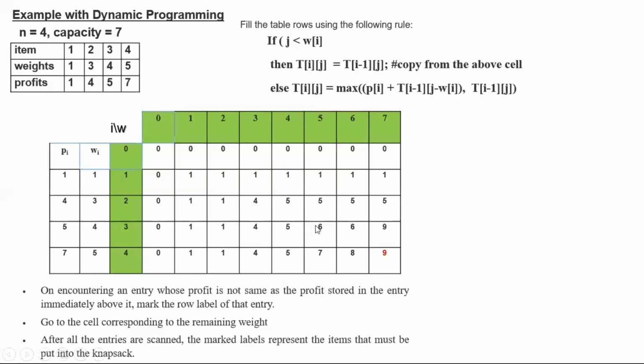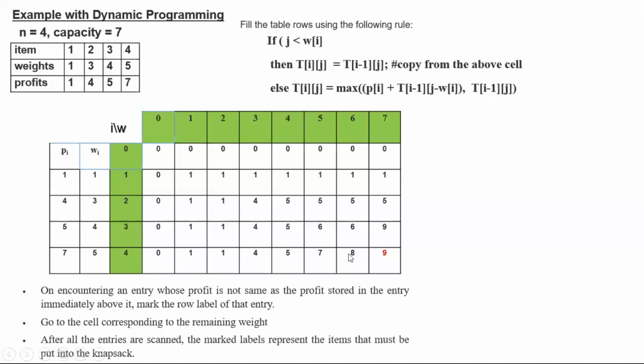But now we have to compute the profit plus the remaining profit. Here the weight is 5. So if we pick item 4, whose weight is 5, then the profit is 7. Which is larger, 6 or 7? 7. So we write 7 here.